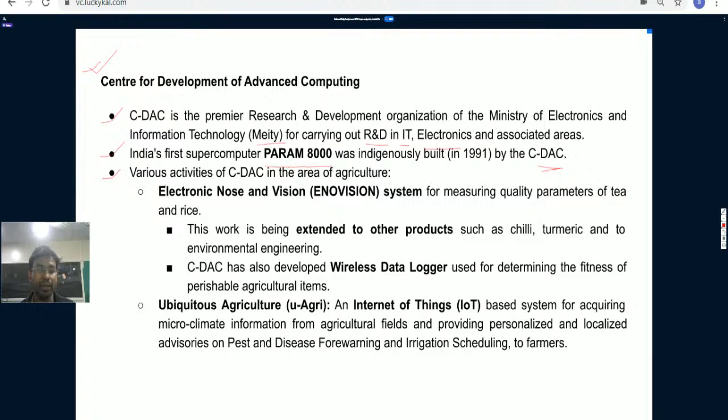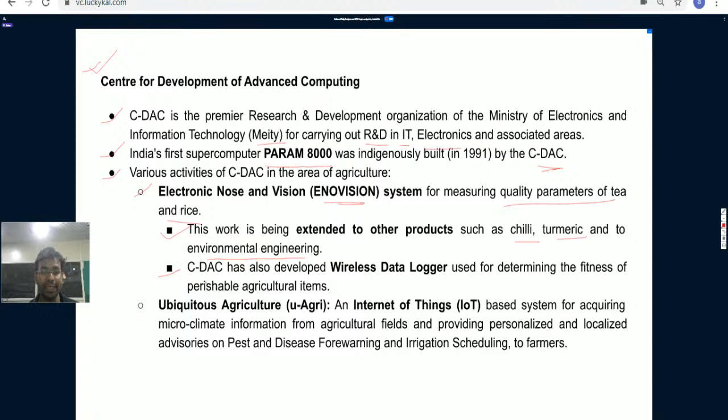Then, various activities of CDAC in the area of agriculture. What are the activities undertaken by CDAC in the agricultural field? Electronic nose and vision, in short the ENOVision system, for measuring quality parameters for tea and rice. This work is being extended to other products also, like chili, turmeric and environmental engineering.